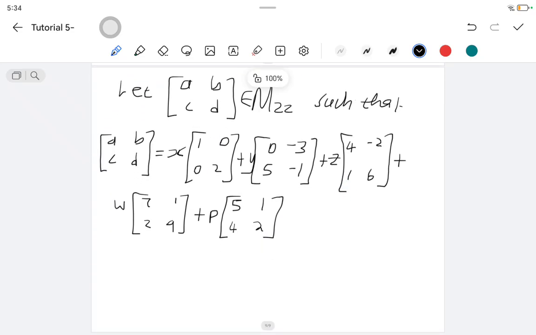All right, and then we equate this to A B C D so that this will be equal.